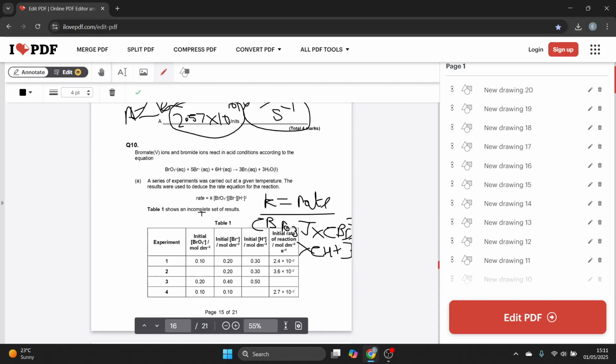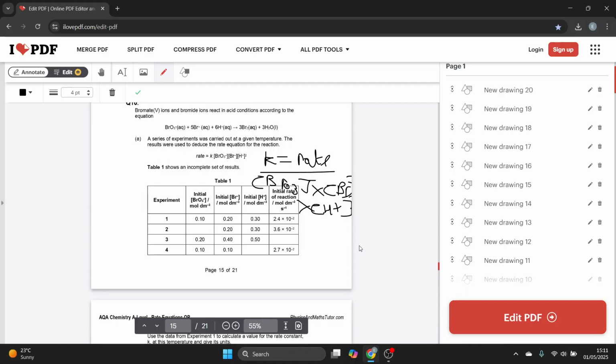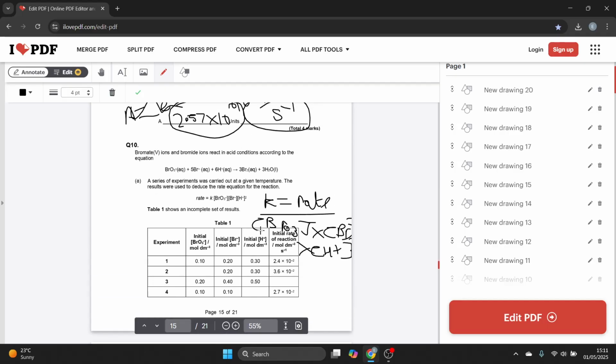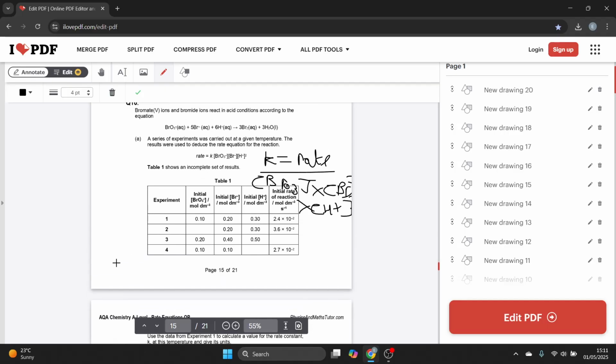The units, though, I think the units is the hardest part of these kinds of questions, where it's like calculate rate constant k, and then give the units. The units is where most people should probably trip up. Well, the units is mole per dm cubed, s to the power minus 1. Just write down the units over what? Mole per dm cubed to the power 2, 3, 4. That would cancel out.